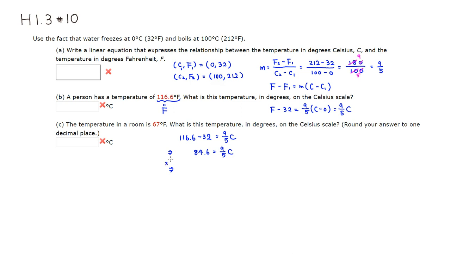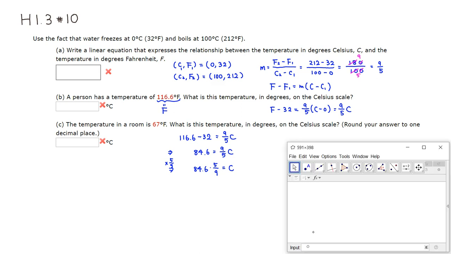So you have 84.6 times 5 over 9 is equal to C. I'm going to cheat a little bit and just compute that. 84.6 multiplied by 5 divided by 9, and we get 47.